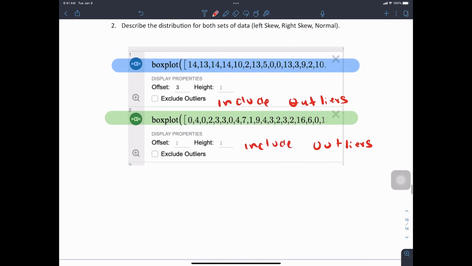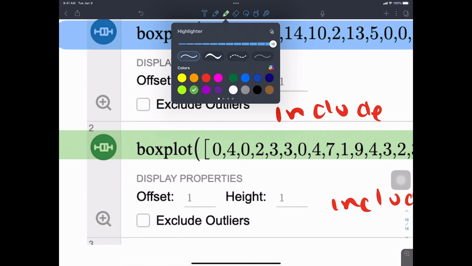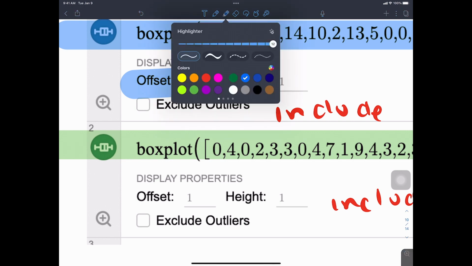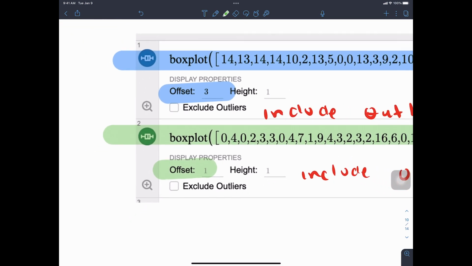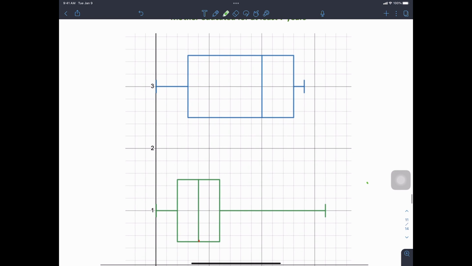Look at my offset, by the way. You know what that offset means for the blue? It just shifts the picture up 3 units. And this one is shifted up only what? 1 unit, in case you were wondering about that. See, it's at 1 and 3.